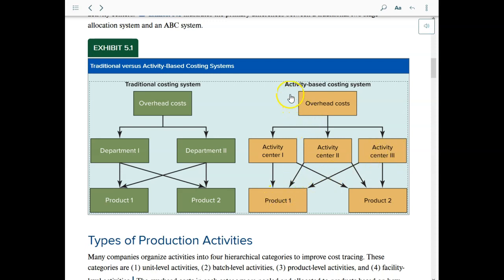So overall, activity-based costing is probably more accurate than traditional. You have fewer cost pools, here they're just departments, fewer allocation rates, drivers. Here we're trying to really distinguish the various activities in production, not by department, but by activity, and we call these activity centers.